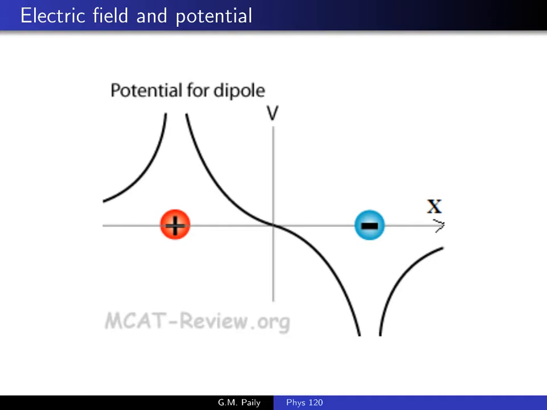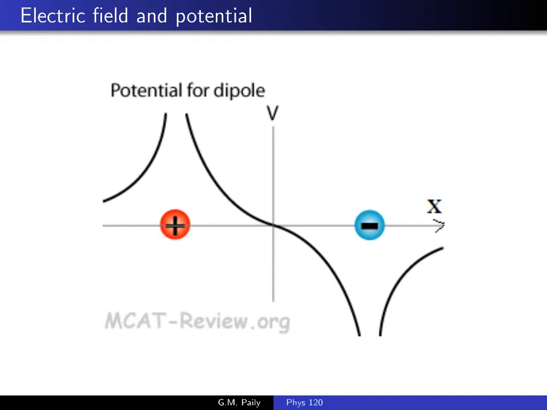Let's get a pictorial idea of what this means. If we have a dipole and look at the potential as we move along the x-axis, we notice that at the midpoint, the potential is zero, but the electric field most definitely is not. The electric field is strong here. And indeed, what is not zero at this point? The slope of the line.